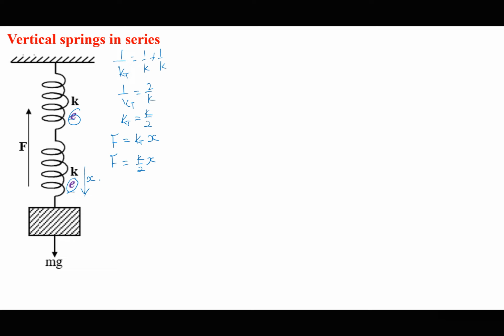So, by Newton's second law, the force is going to be ma, or I can introduce a negative here, and I say that F is equal to minus k over 2 times x. Then I have to define the minus.